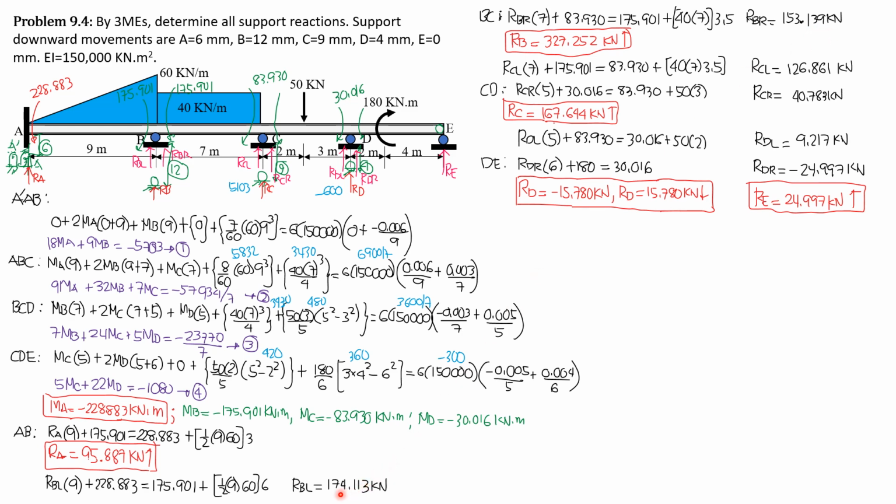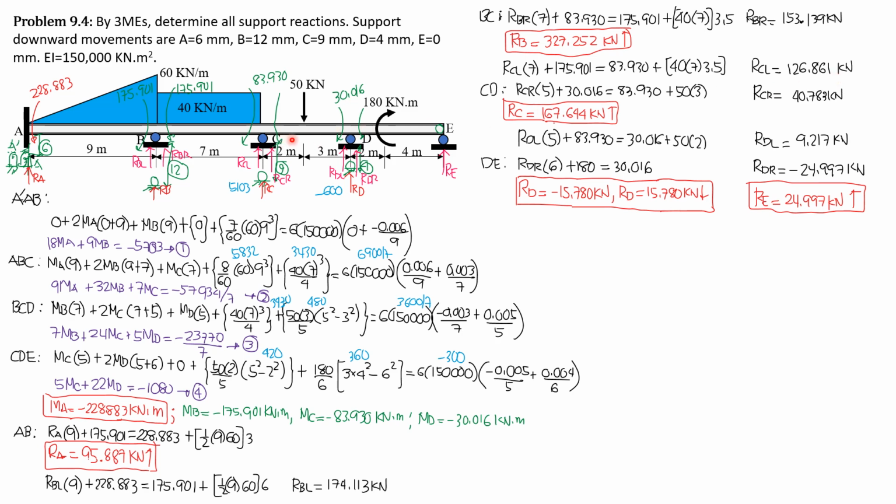Therefore, RB is 174.113 RB left plus 153.139 RB right, and we get 327.252 kilonewtons. Summation of moment about B equals 0, RC left times 7 plus 175.901 equals 83.93 plus moment of the load, 40 times 7 times 3.5. So RC left is 126.861 kilonewtons.